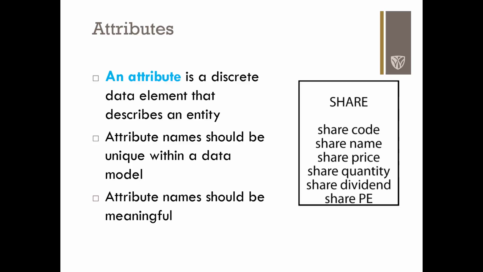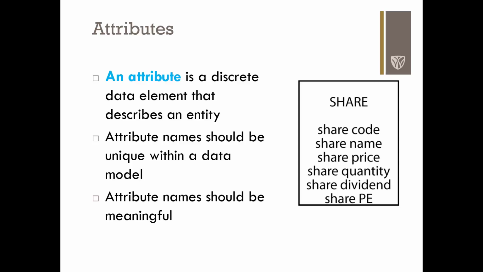So if we had a customer entity, for example, we might have attributes such as customer name, customer address, customer phone number, and so on. In this case, with our share entity, we've identified attributes of share code, share name, price, quantity, dividend, and price-earnings ratio.